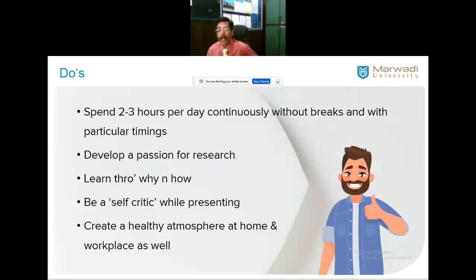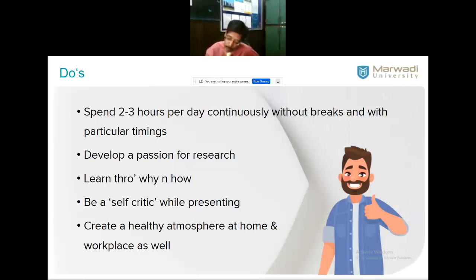Learn through why and how. Ask questions. Don't believe anything simply because it is published, simply because my Guruji has told, simply because a great person has told. You start exploring why and how. If you get a justifiable answer, you can trust it. You always ask, be a self-critic. Being a critic first, that is learning through why and how, and being a self-critic also.